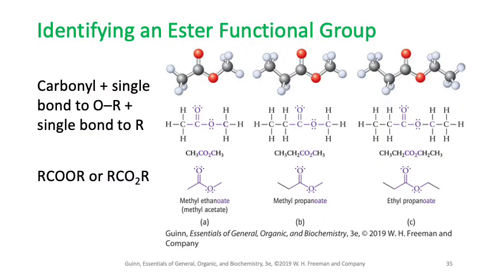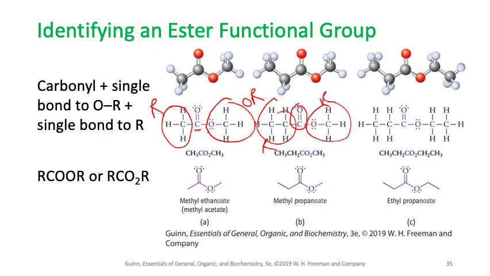So let's take a couple of examples over here. You see this is R, this is C double bond O, this is OR, right? So this is an ester. Again R, C double bond O, OR. This is an ester. Together it's an ester.